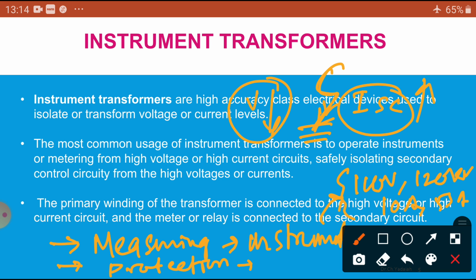Then I can use these measuring instruments. Whenever a fault occurs in the system, I want to protect it. I want to isolate and separate this faulty section from the healthy section.